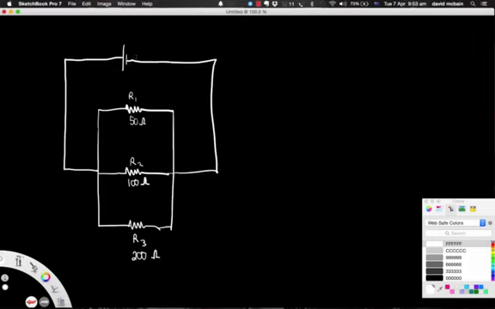Another thing that's really important to understand is which way current will always flow. Current will always flow from a region of high potential to low potential, just like a ball will always fall from a high point to a lower point closer to the Earth's surface.